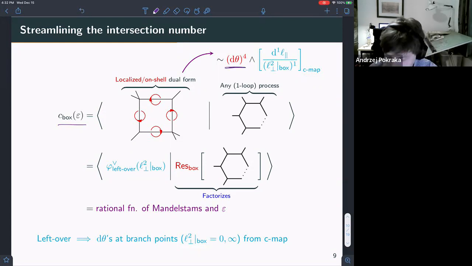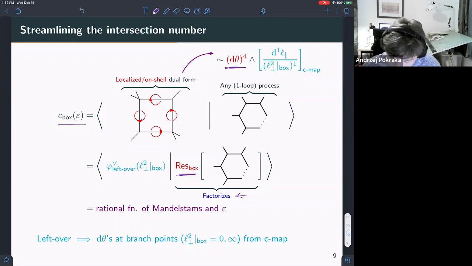That means it has 4 powers of d theta. These 4 d thetas are going to turn into a residue on the quad cut of whatever amplitude is on the right-hand side. This will in turn factorize whatever amplitude is on the right-hand side. So that means that we only ever need to know the expression for these amplitudes on their cuts. So we don't need to know the whole integrand.